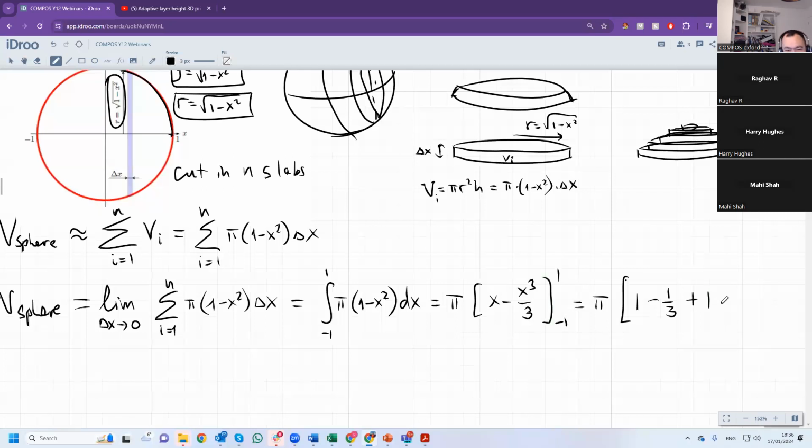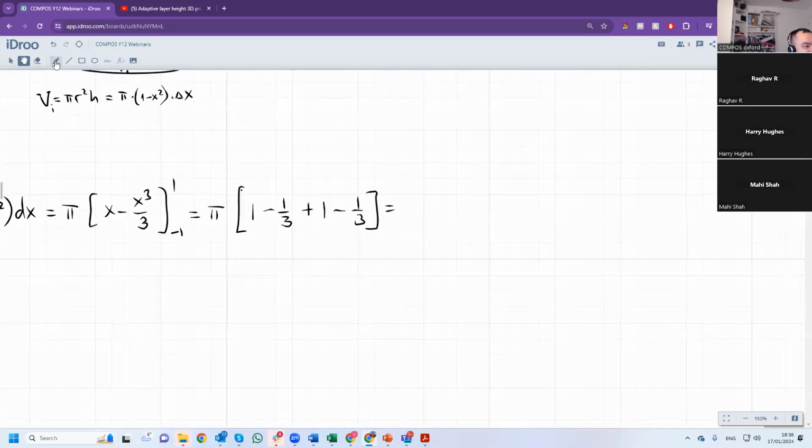Yes, that makes sense. Okay, plus 1 minus 1/3. Okay. I was scared that it's going to be 0. No, it does make sense. So that's 2 minus 2/3. That's 4/3 pi.